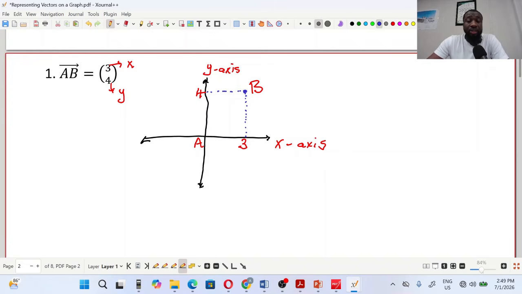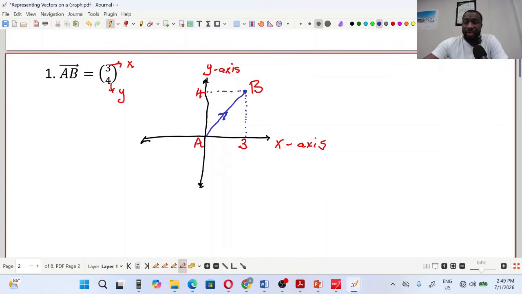You say, okay, you're going to move 3 units to the east and move 4 units north. So basically, you're just giving a direction. If we want to represent it as a vector, we now draw our line straight. And remember, we say vectors, you must use the arrow to show where it's moving from. You're moving from A to B, and that's it, you are done.